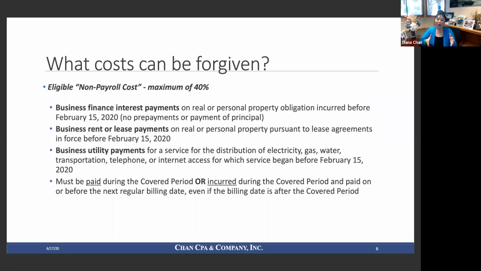These things are to be included in the maximum amount of the 40%, and please make sure to note they must be either paid during the normal covered period or incurred during the covered period and paid on or before the regular billing cycle, even if the billing date is after the covered period. So that's really important.